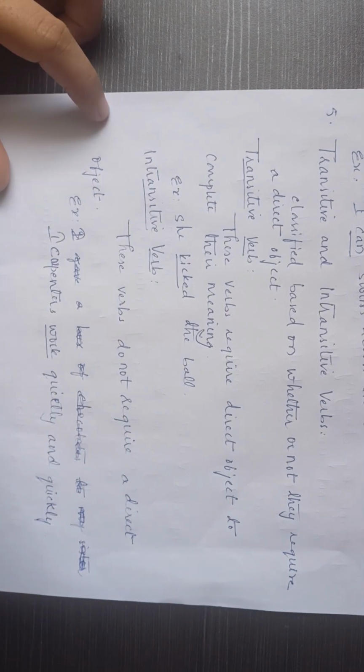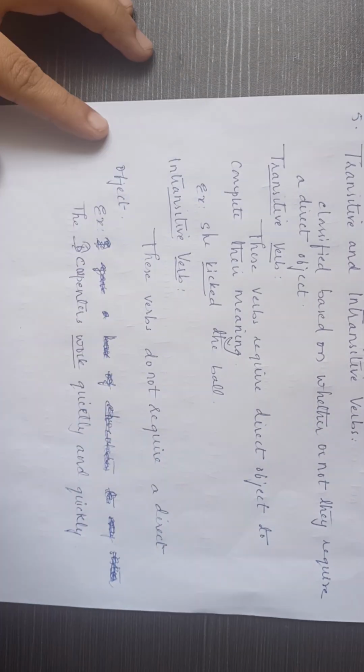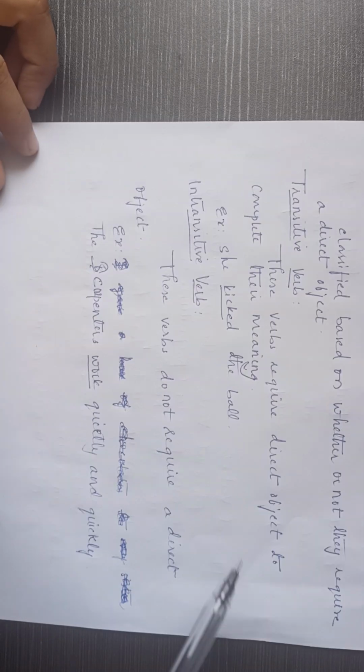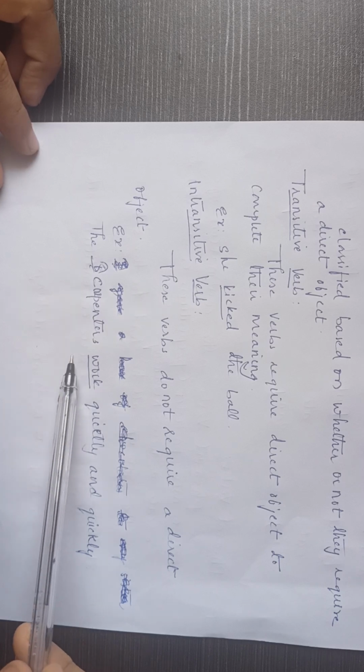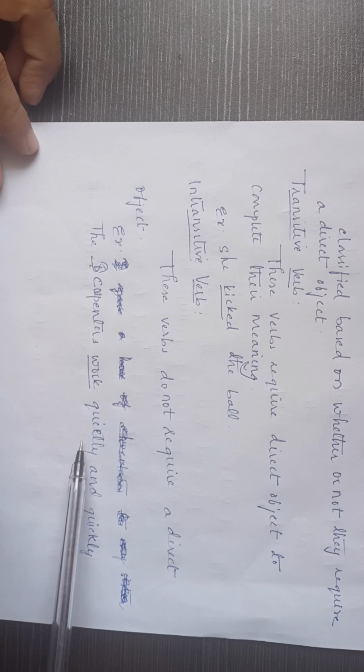So let's see example. The carpenters work quietly and quickly. Here in this example, the verb work does not require a direct object. So here work is an intransitive verb.